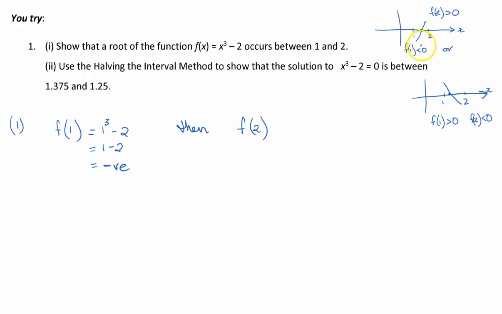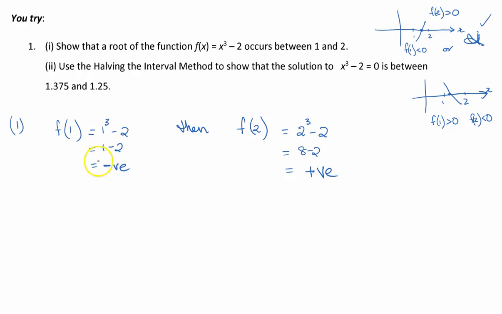So, it's possibly this situation here, because f of 1 is less than 0, it's a negative, the y value is a negative. At f of 2, we'll have 2 cubed minus 2, 2 to the 4, 8, minus 2 is 6, which is overwhelmingly positive. So it is definitely this situation.